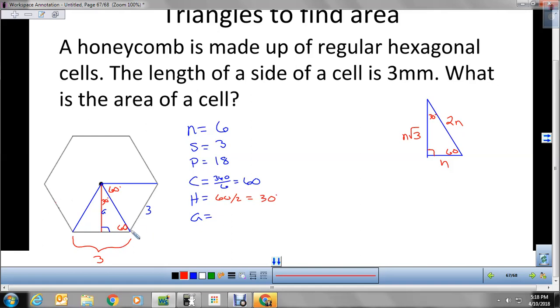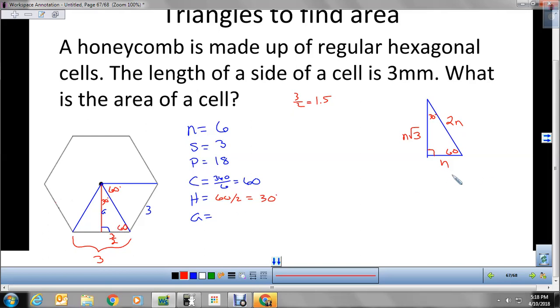But because they want an exact number, instead of 1.5 we're going to write 3 halves. 3 divided by 2 is the same thing as 1.5, but I want the fraction form, which is 3 halves. So if the side length is odd, you'll have a fraction. If it's an even number, you'll divide it by 2, and that will give you a whole number.